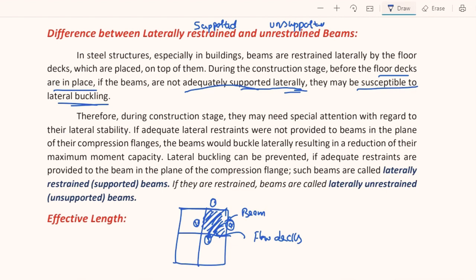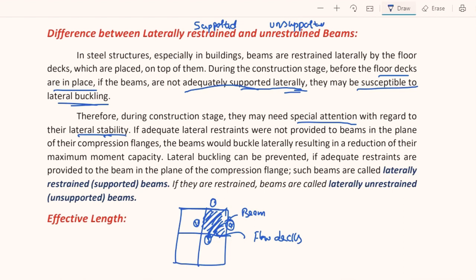When the length of the beam is large, when there is nothing holding it, what happens? The beam is going to buckle in the lateral direction or undergo lateral torsional buckling based on the section type, right? So therefore, during construction we need to pay special attention to this lateral stability.